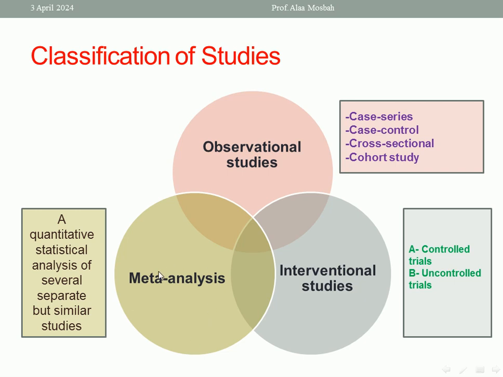On the top of the hierarchy of level of evidence is meta-analysis and systematic review. Here, a quantitative statistical analysis of several separate but similar studies. So, I have controlled clinical trials in a multi-center study on a certain problem, disease, or medication.